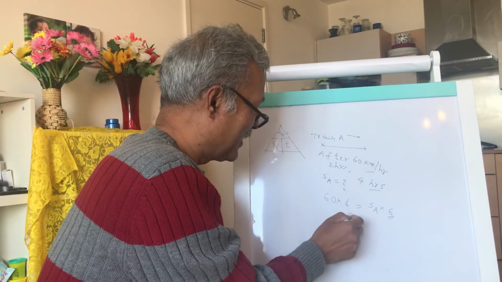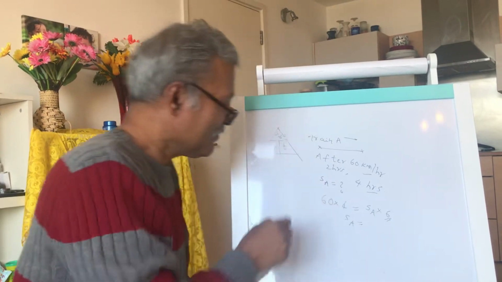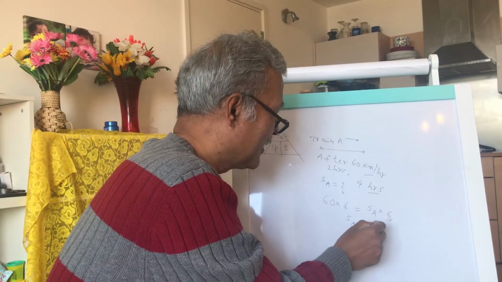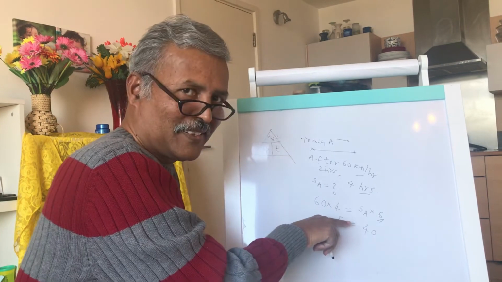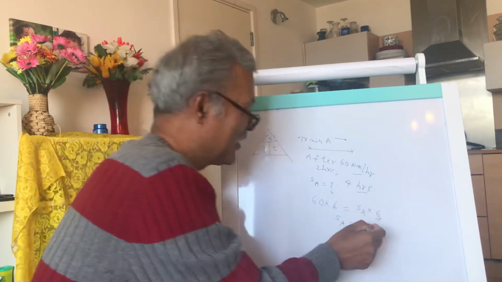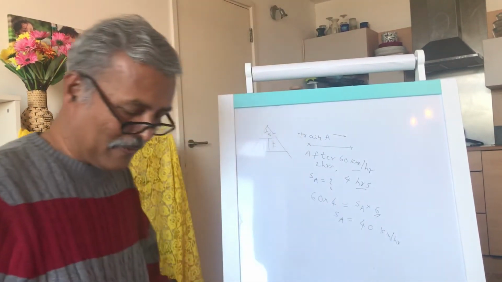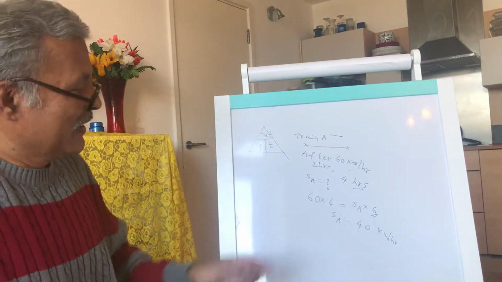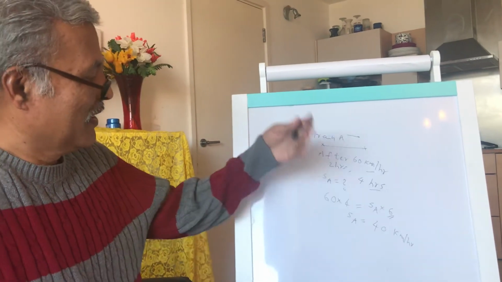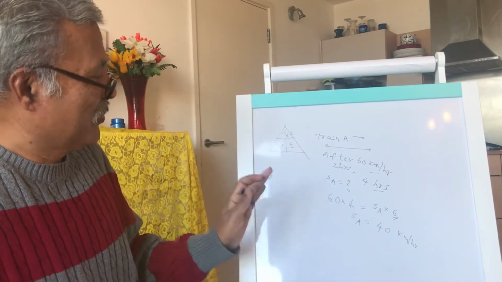Now there is no magic here. Tell me, if you solve this, you will get 40, right? So the speed of the first train is 40. Again, using the options you can understand, but it needs time, expertise.